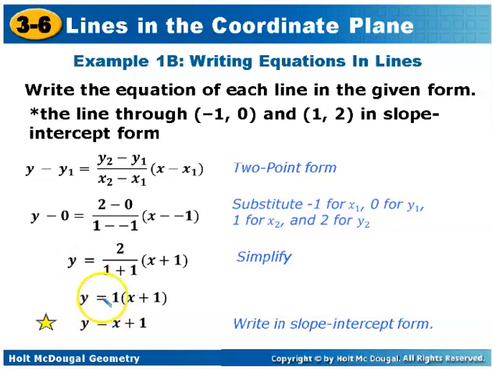So this is where I get my slope-intercept form. Now there's no number given for slope, but you should know that there's a hidden 1 in there, which represents my slope.